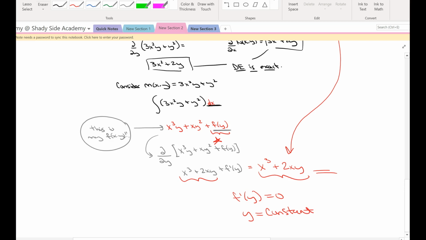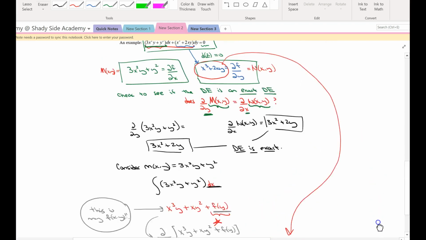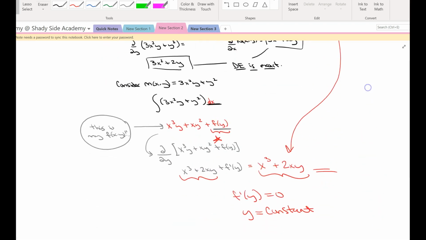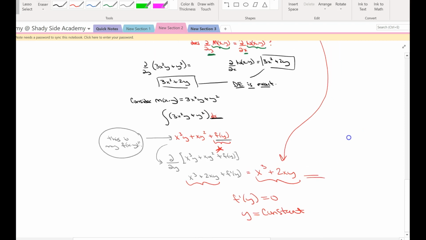Sometimes you'll have situations where, if I pulled down the partial derivative from the top, there'd be a plus 11, in which case you'd have f prime of y equals 11, and then f of y equals 11y, but that didn't happen here. Let's erase that. Okay? Now what this means here, let's go back.